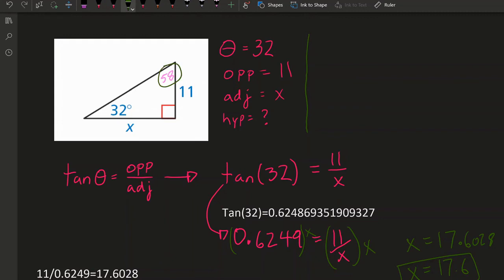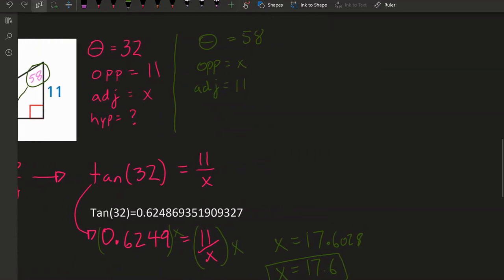So I can always choose to use the other angle, and that'll work as well. So instead of using 32, I can say theta is 58. Now, starting at theta and going across, the opposite would be x, and the adjacent would be 11.